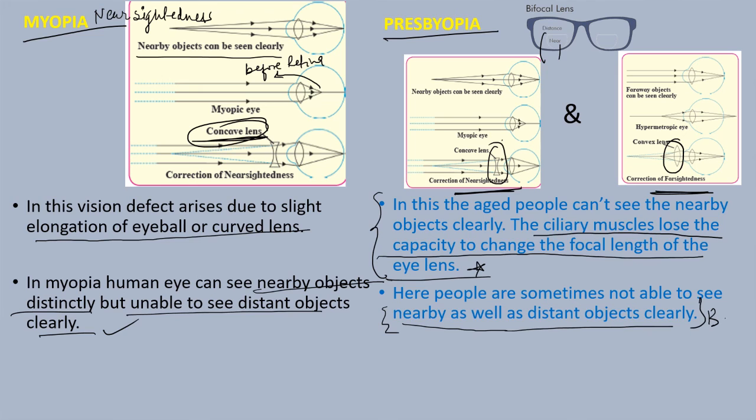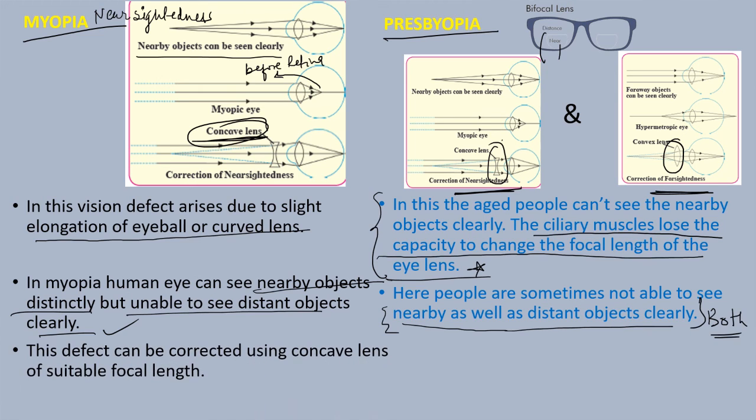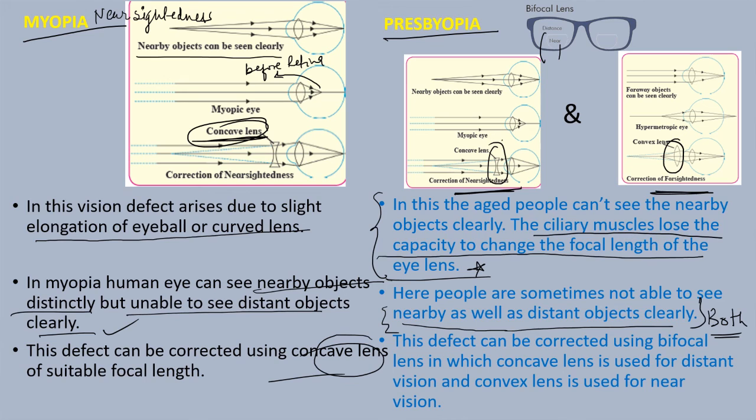In case of myopia, third point, very important point, this defect can be corrected using a concave lens with a suitable focal length. Now in case of presbyopia, we need a bifocal lens, in which a concave lens is used for distant vision and a convex lens is used for clear near vision.